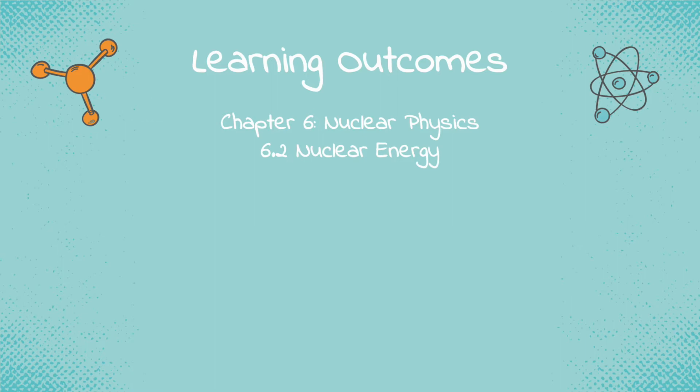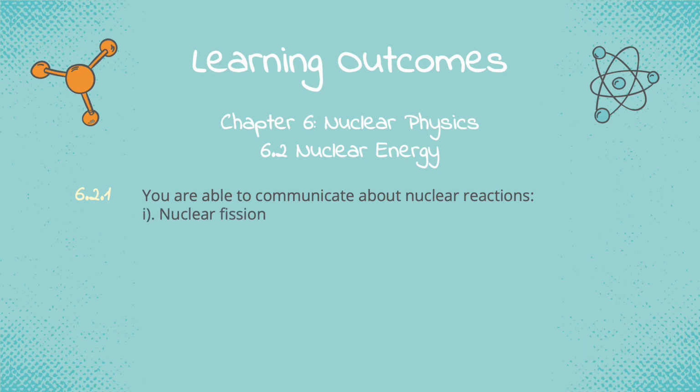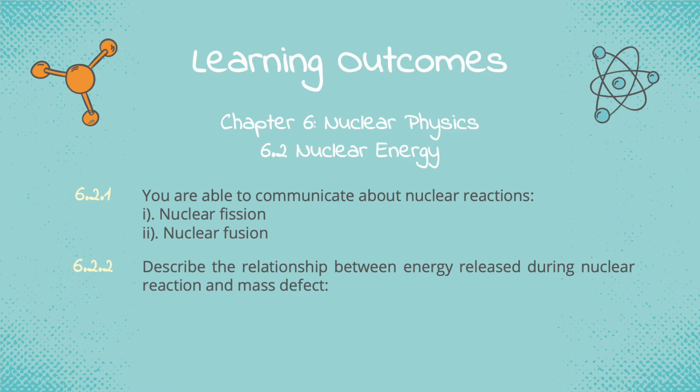At the end of this video, you will be able to communicate about nuclear reactions, which are nuclear fission and nuclear fusion, as well as describe the relationship between energy release during nuclear reaction and mass defect. The equation we are going to see is E equal to mc squared.